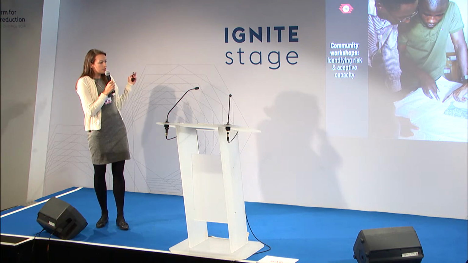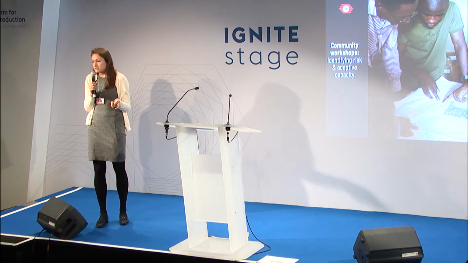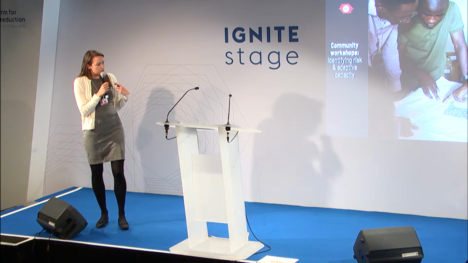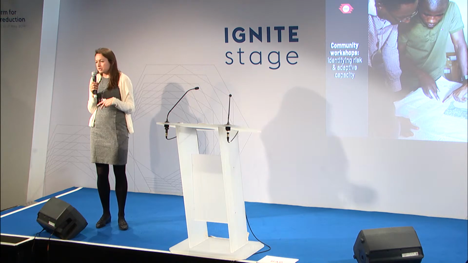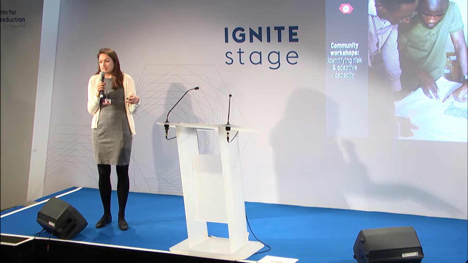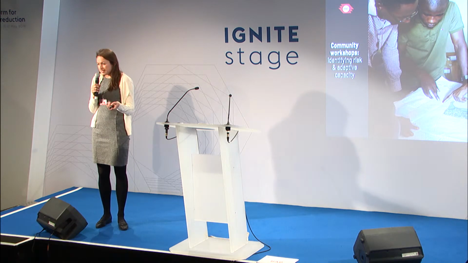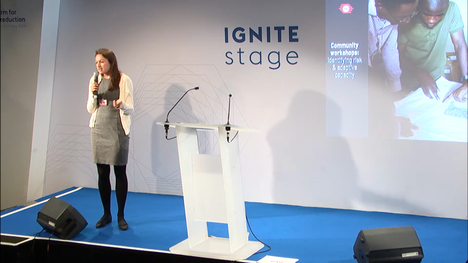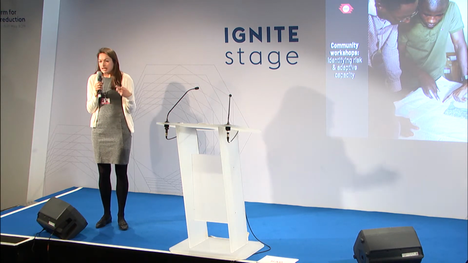It also happens through community workshops, so group identification of risks. And one really important part of this is what we call community sharebacks, which is taking the data and the maps back to the communities and saying, this is what we created, this is what this means, this is who's using it, and this is how you can keep it up to date.